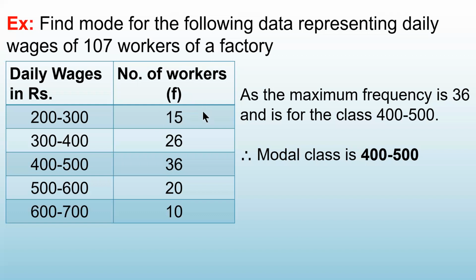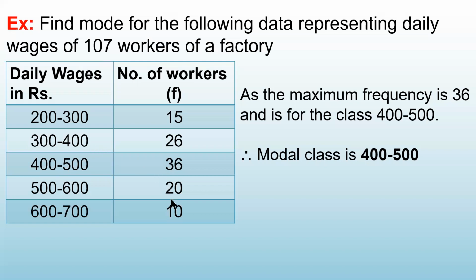There are 15 workers जिनका daily wages 200 और 300 के बीच में. There are 26 workers जिनका daily wages 300 से 400 के बीच में, and so on. So this is your frequency table given to you. This is a continuous type of data because you are given the class intervals. Okay. Now, how to find out the mode for this data?